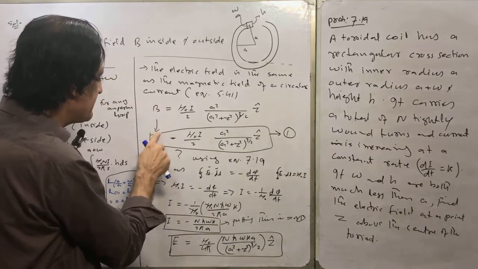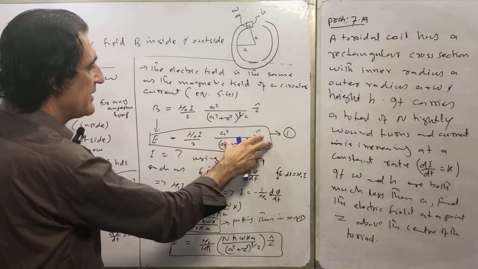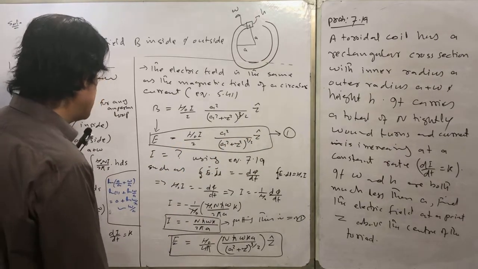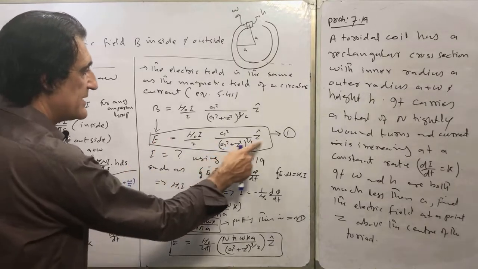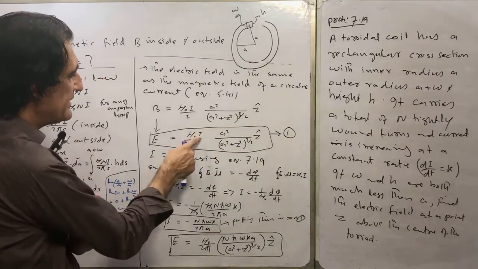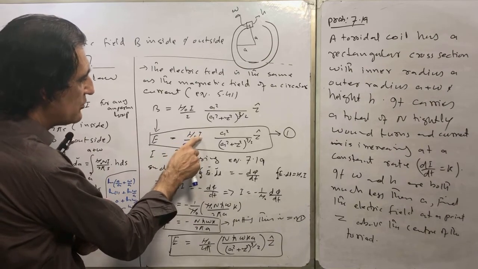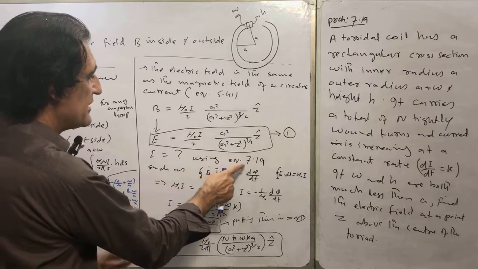Then E will be equal to this, and here we need to calculate I, which is unknown.